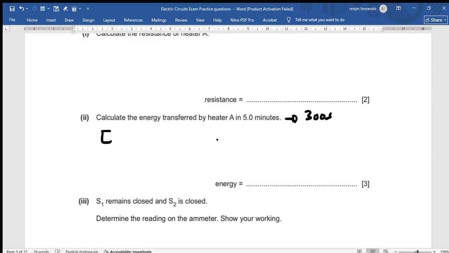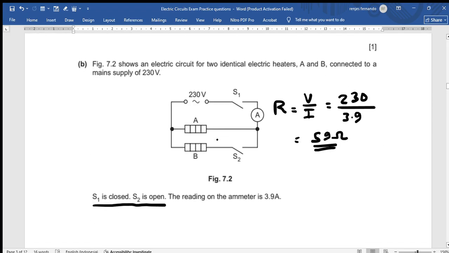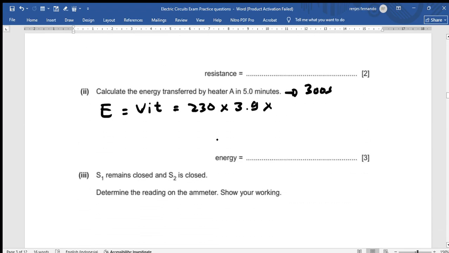So energy is voltage times current times time: 230 times 3.9 times 300 seconds. So the answer is 269,100 joules.